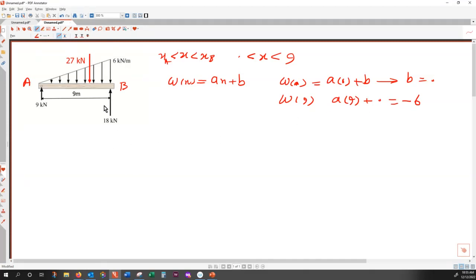If that was pushing up, like when you have a boat on water, so the buoyancy force is a distributed force from bottom to top, that is positive. But here this 6 should be considered as minus 6. So therefore what you get is A is equal to minus 6 over 9, or this is minus 2/3. So here I just simplify that.